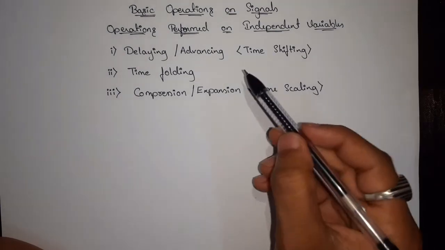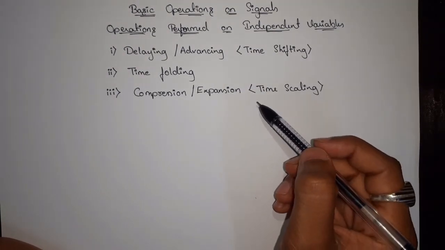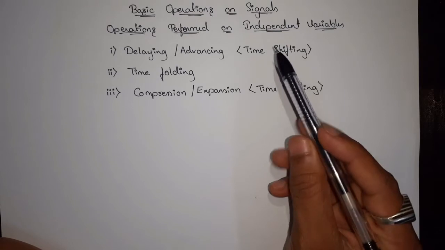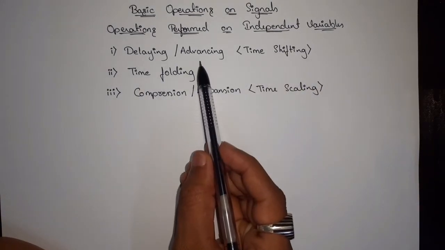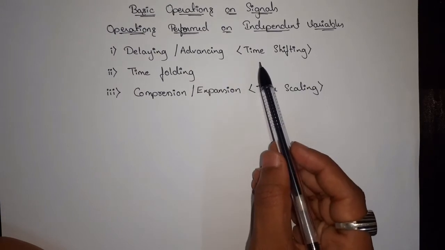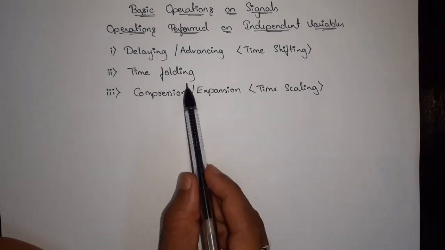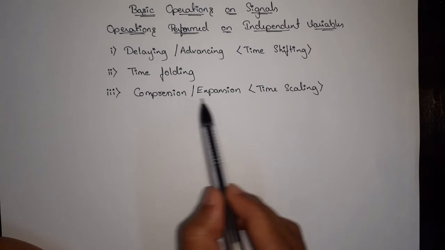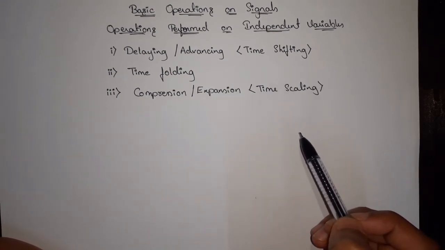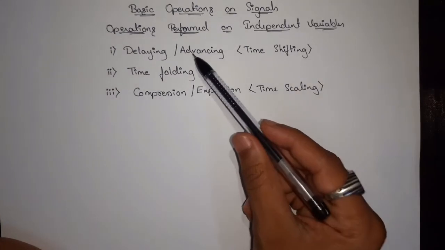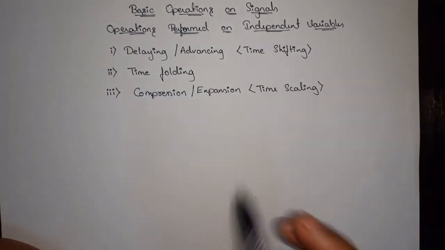These are the three basic operations performed on signals, on the independent variable. The first one is delaying or advancing, which we call time shifting. The second one is time folding, and the third one is compression or expansion, which we call time scaling. Let us discuss these three operations in detail.